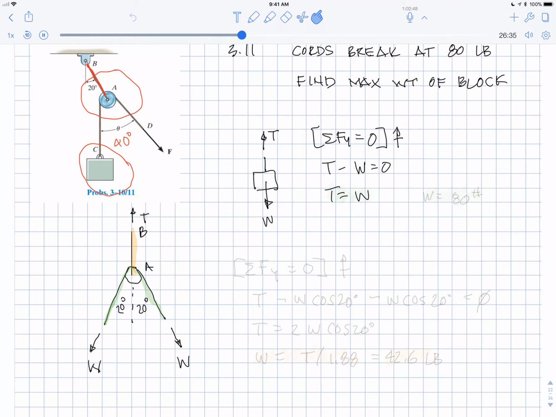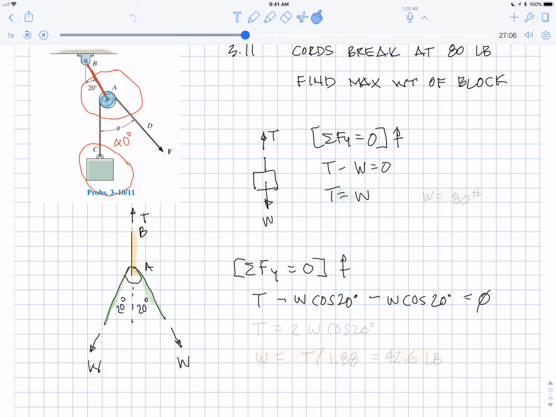Okay. So now that we have the free body diagram drawn, we can do equilibrium. Sum of the forces in the y direction equals 0, and I'm going to take up as positive. So we have going up T, coming down minus W cosine 20 degrees, and the other one is minus W cosine 20 degrees equals 0.